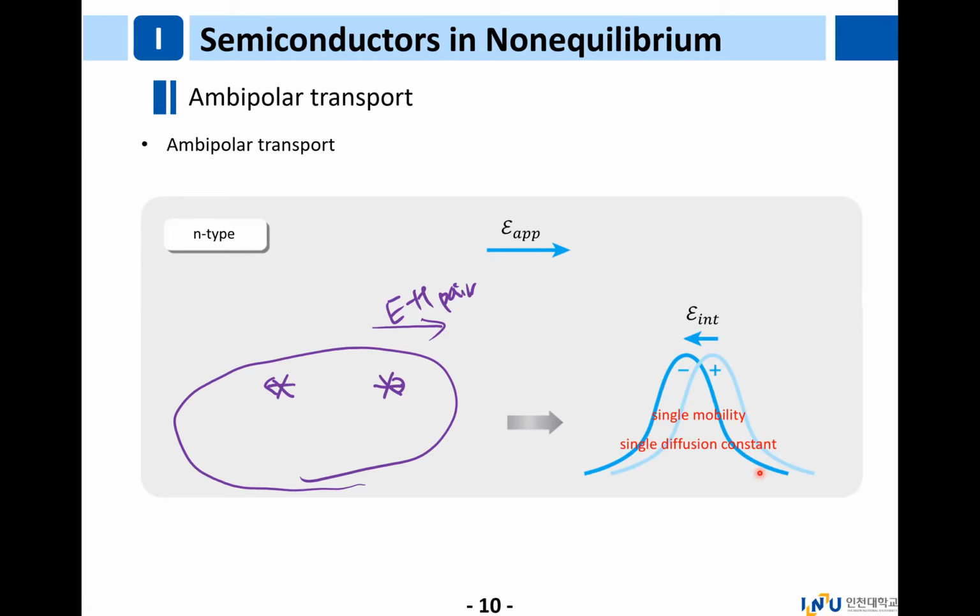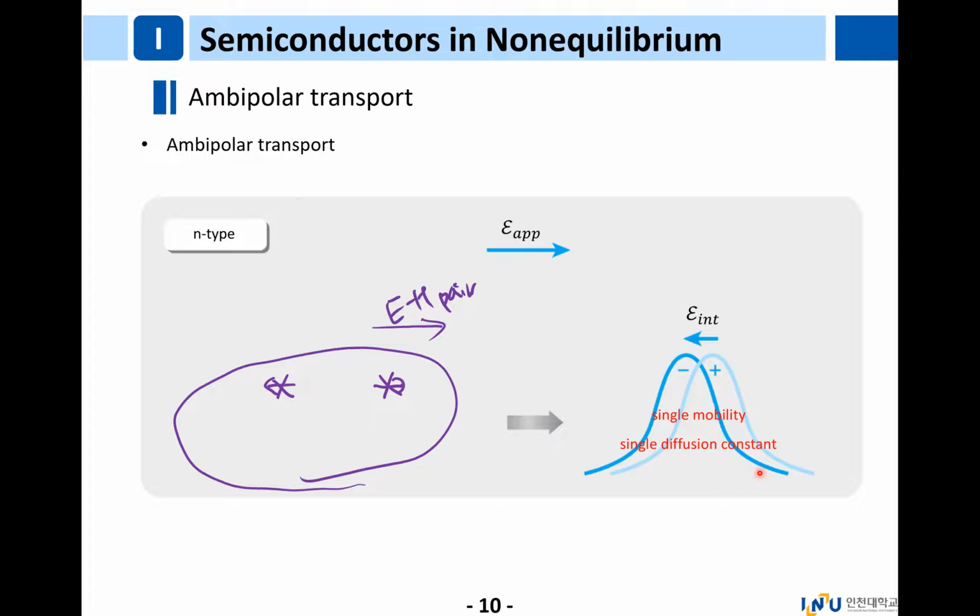The ambipolar transport equation, explored in the next class, will help us understand whether the movement follows the characteristics of holes or electrons.